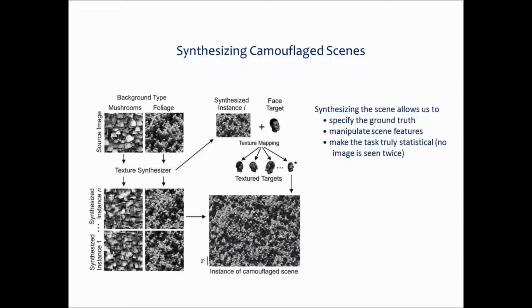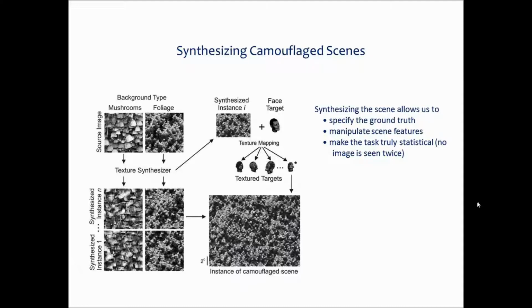And the reason for synthesizing the image is that we know the ground truth because we either put in the target or we don't. We can precisely manipulate the scene features because the steerable pyramids are essentially a multi-level image transform.